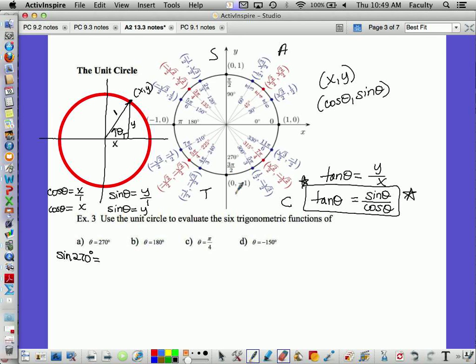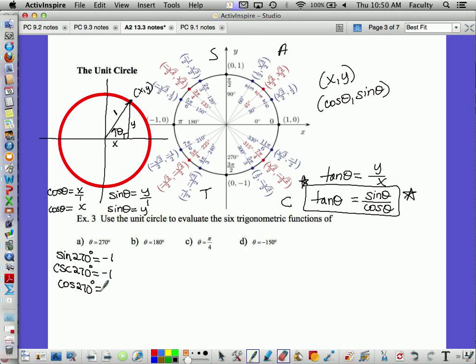And so for the sine, remember every ordered pair goes cosine comma sine. So the y value is the sine of 270. So that's negative 1. And then please put your reciprocal functions right beside these. We're going to go down with all 6 because I don't have enough space. Cosecant is just the reciprocal. Well, negative 1 over negative 1 is still negative 1.